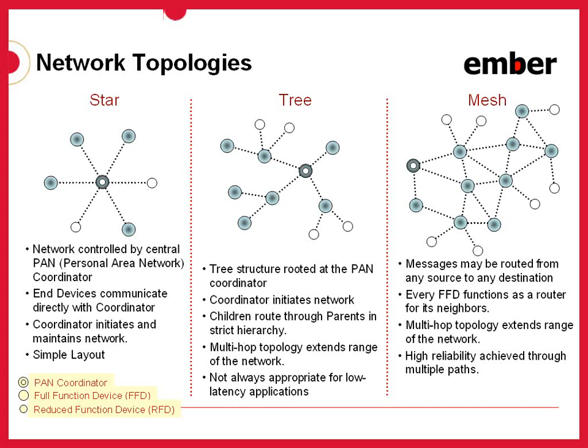Notice how in the mesh topology, all FFDs have the ability to route to those others within range, whereas in both the star and tree topologies, the node's opportunities for routing are limited by how the network was constructed originally. In the star network, all nodes are obligated to route via the PAN coordinator. In the tree network, all nodes must route along the tree links created at network setup time.